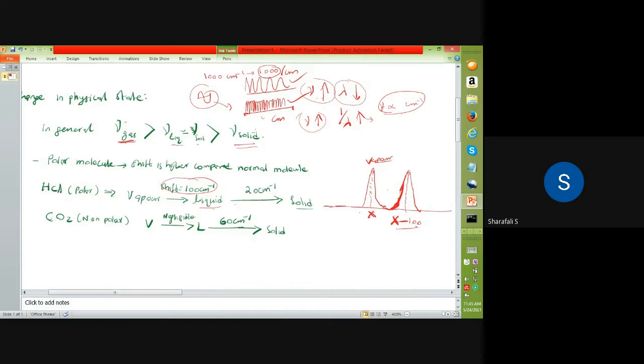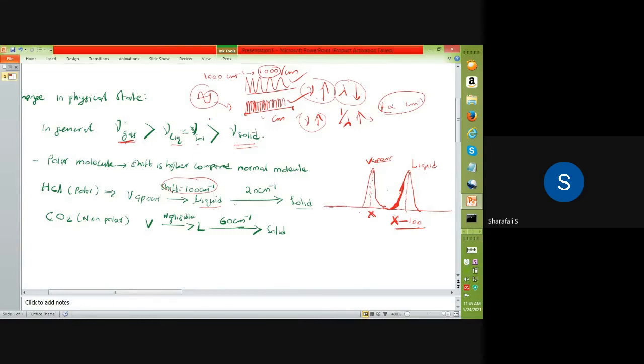So we have X minus 100 when it is converted. This shift is possible when you have a change in state. Okay? So that is the second possible reason for the frequency shift in the IR spectrum.